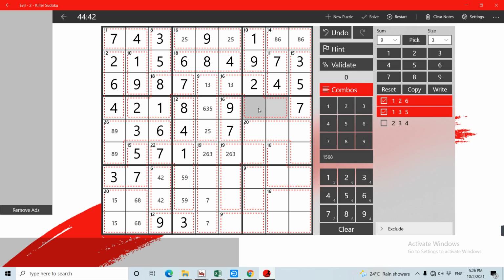Here also I'll have the same numbers 6, 3 and 5. Which means we need to have a 4 here.